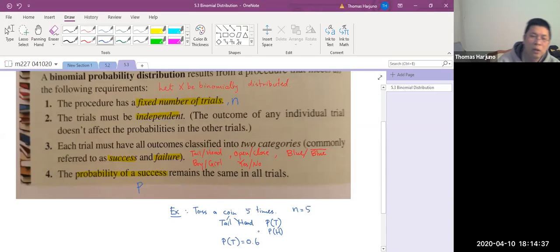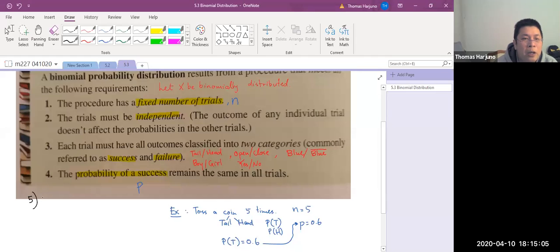Therefore, the p, later on, if we want to see the probability of how many tails, the p will be 0.6. Now, I want to add more into this probability distribution. I think almost all explanations I see online are missing the fifth one.